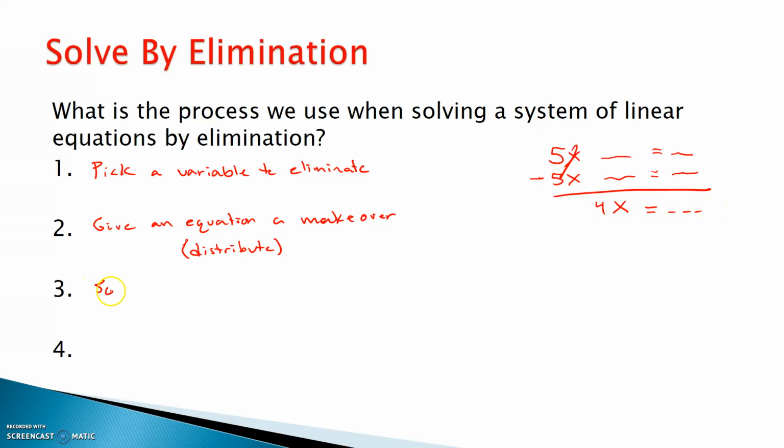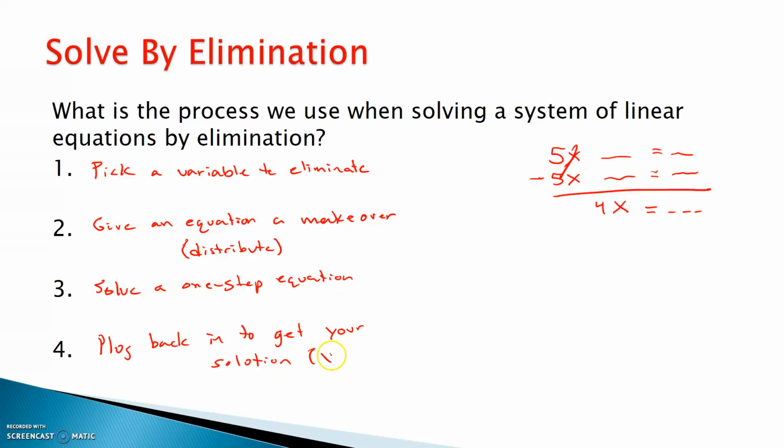Then you have to solve a one-step equation. And then you plug back in to get your solution. Remember, that's that x, comma, y again. Don't forget that. That's very important.